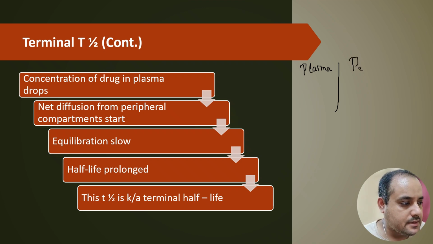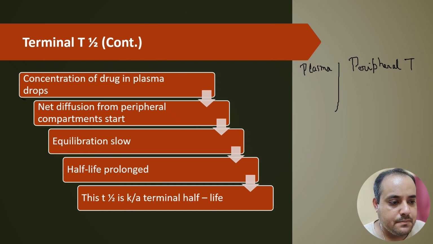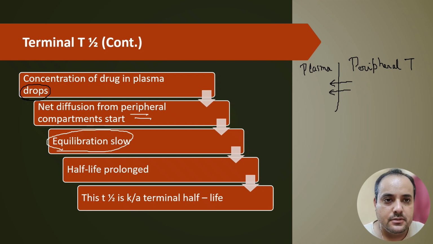That the drug concentration within the plasma, it is going to drop. So as soon as it drops, now the drugs from the peripheral tissue, they are going to come into the plasma. So that again the process of equilibration is there. So now there is net diffusion from the peripheral compartments. But again this equilibration will be slow because of the slow blood flow.